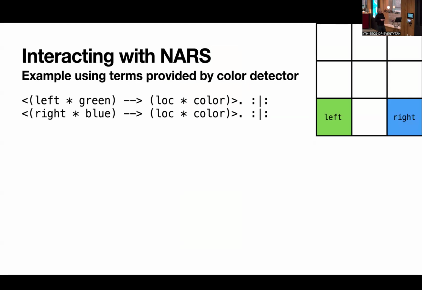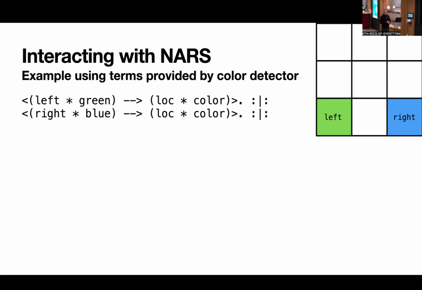So this is one example of how we can encode a situation like this with NARS. And it looks a bit weird because it's really described as an interaction. So seeing something green to the left can be described as an interaction between seeing green and seeing something at the location left.